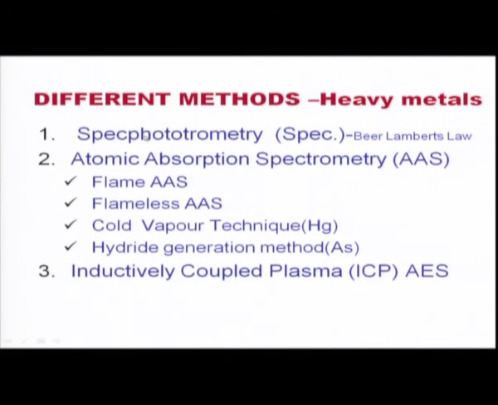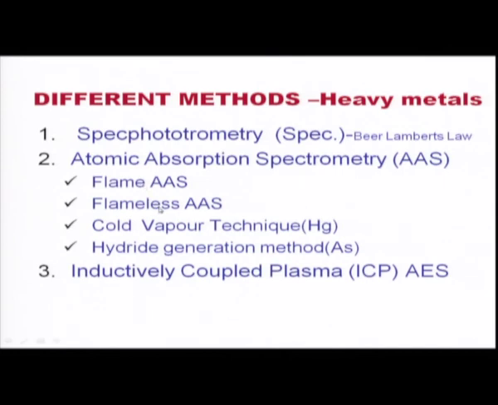And also we have advanced instrumental spectroscopic techniques, namely atomic absorption or atomic emission, that is inductively coupled plasma atomic emission also available. Even in AAS we have different varieties: flame AAS, very low cost, and flameless AAS or graphite furnace AAS, where the sensitivity is better compared to the flame.